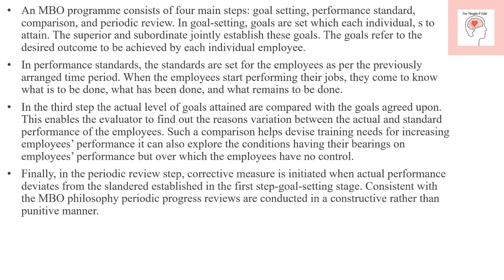Finally, in the last step, which is periodic review, corrective measures are initiated when actual performance deviates from the standard established in the first step, the goal setting stage. Consistent with the MBO philosophy, periodic progress reviews are conducted in a constructive rather than punitive manner. So I hope management by objectives is clear to you.